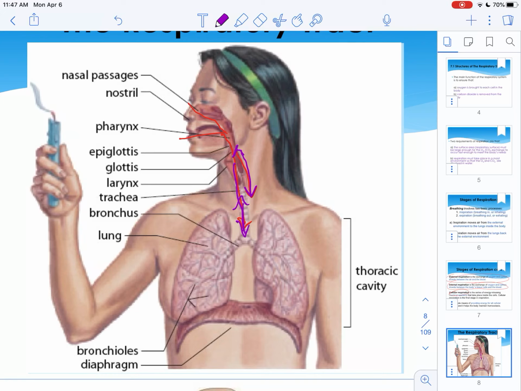If, however, you're trying to chew, swallow, and talk at the same time, this epiglottis can open and allow that food to go into your trachea and have choking happen. That's because as you're talking, you're moving air out of your trachea, so you shouldn't try talking at the same time as chewing and swallowing.